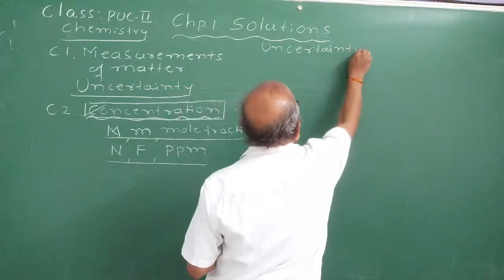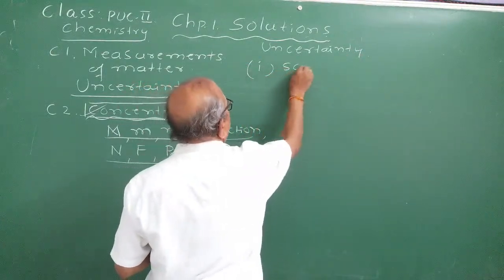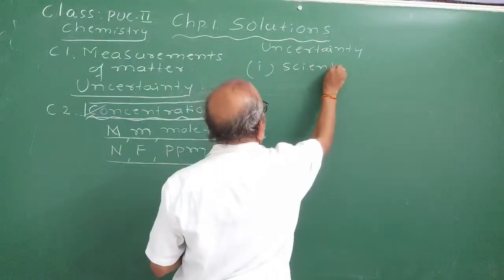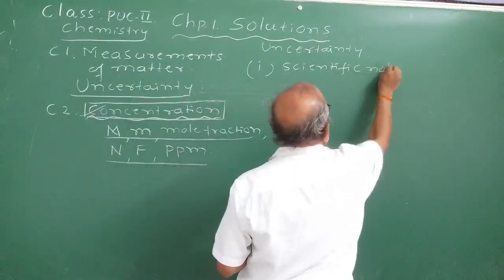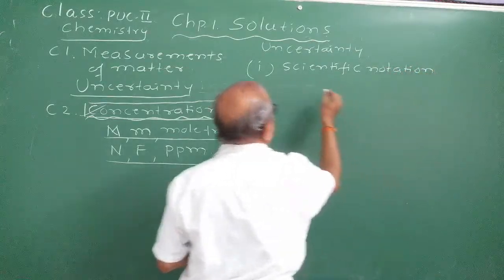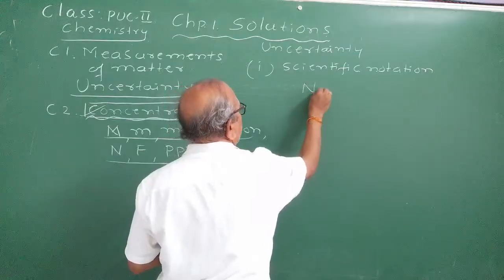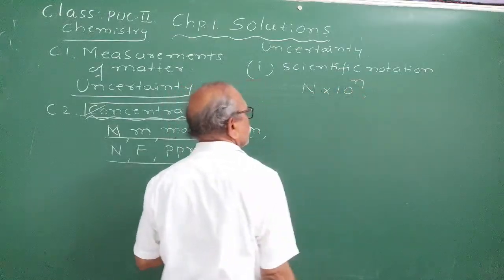Uncertainty in measurement. One thing is that we can express it in scientific notation. I think we discussed scientific notation. How do you write scientific notation? Any real number can be expressed as capital N into 10 raised to n, right?